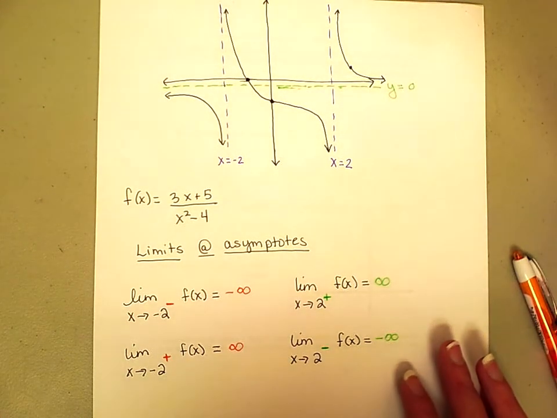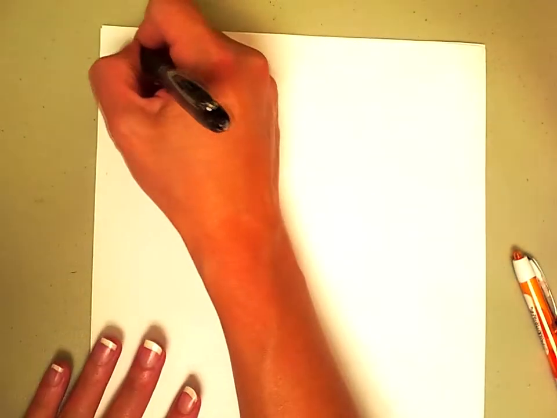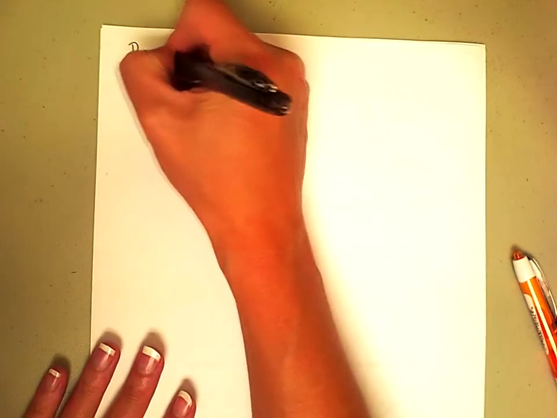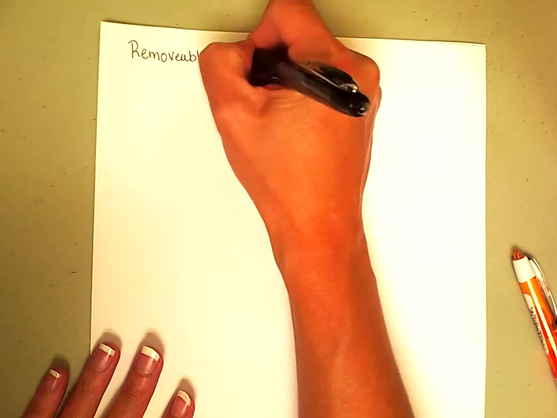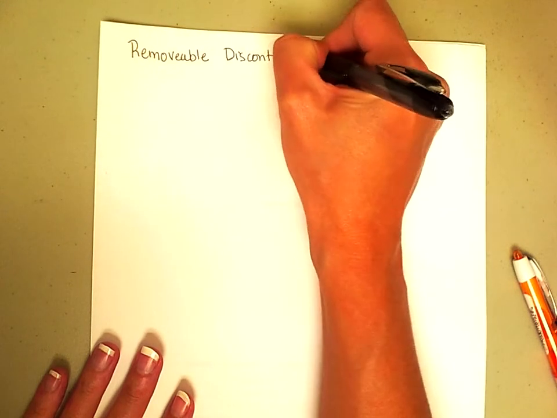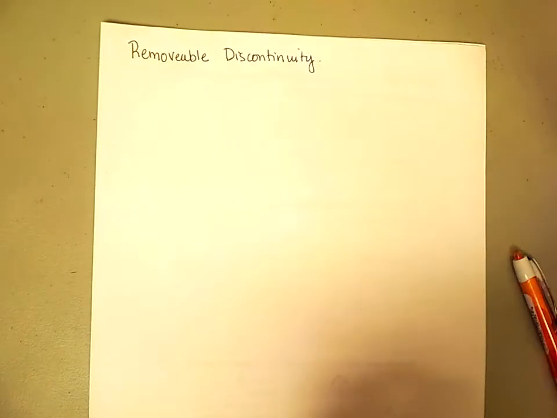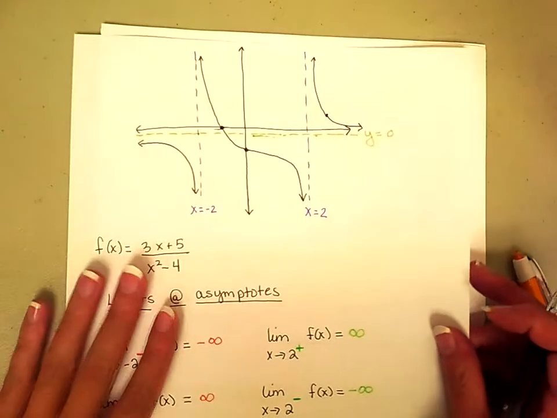But other things, of course, can happen in rational functions. And one of them, another quality, is called a removable discontinuity. I suppose I should talk about continuity for a second, just to give you a brief idea.